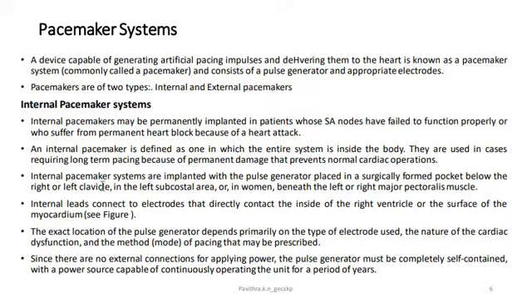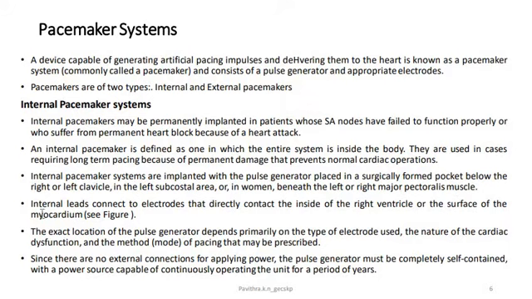Okay, so internal pacemaker systems are implanted with the pulse generator placed in a surgically formed pocket below the right or left clavicle, in the left subcostal area, or, in women, beneath the left or right pectoralis major muscles.